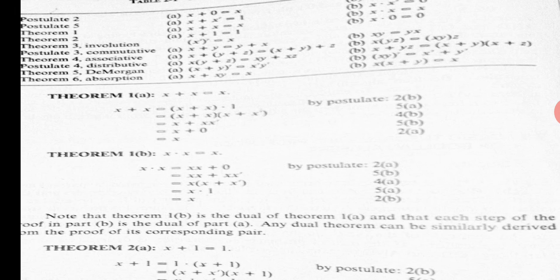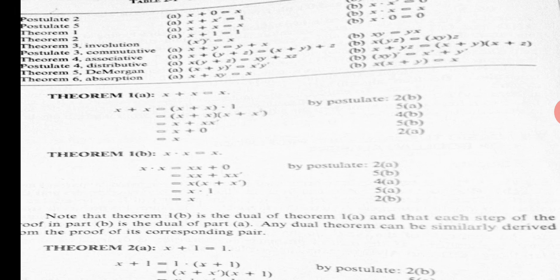Yeah. So that is how exactly you can prove that x plus x equal to x based on the postulate. Now in the same case, theorem 1b, x dot x equal to x. Again you are going to work in the same fashion. x can be represented as x dot x plus 0, and in the place of 0 you can go for x dot x dash.